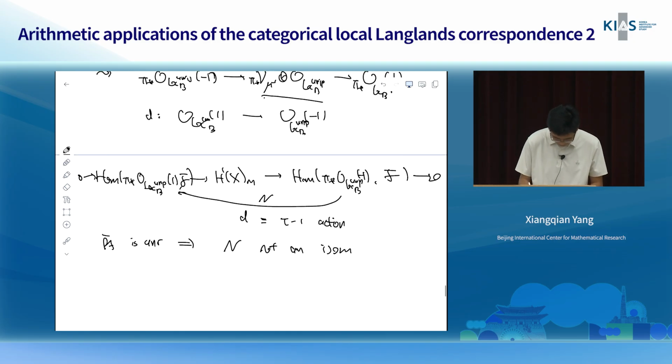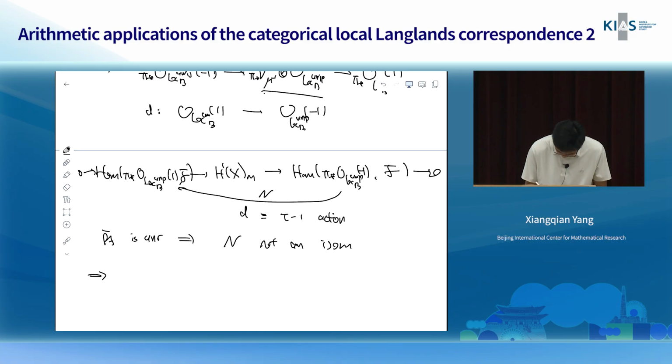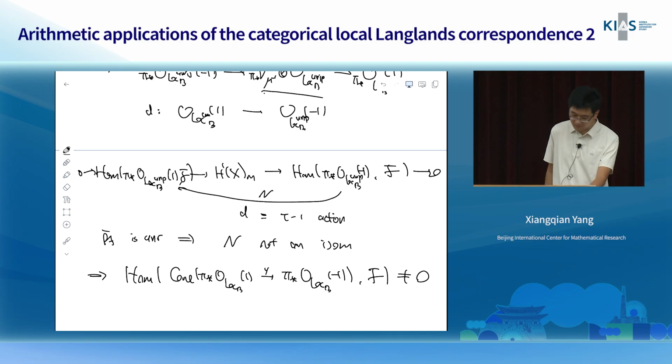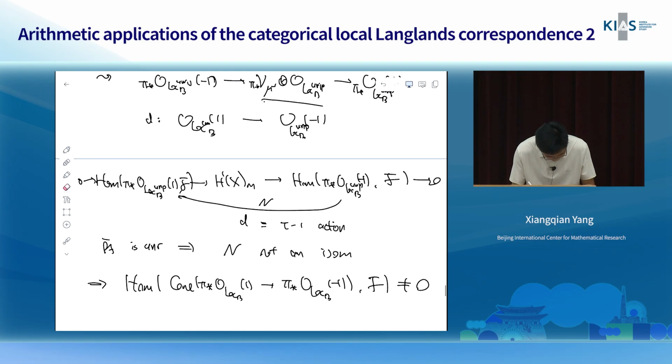So what we know is that the cone of pi star O log B 1 to pi star O log B minus 1 to the Igusa sheaf is non-trivial. This is just this map N here.